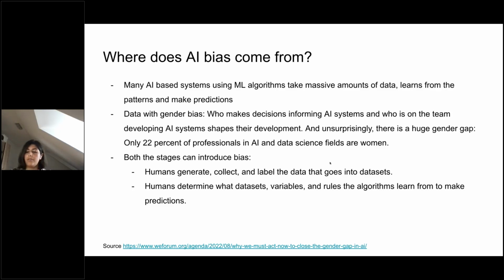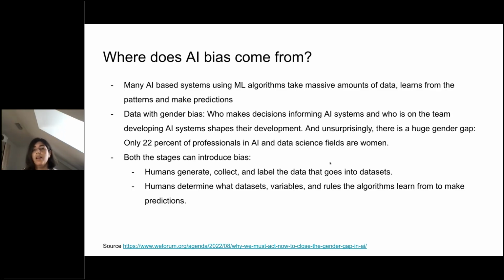But if you are working on a supervised task, you also have to label the data, right? And if it's a database handling a lot of genders, it could be that the labeling has been done by AI professionals, but only 22% of professionals in the AI and data science fields are women.